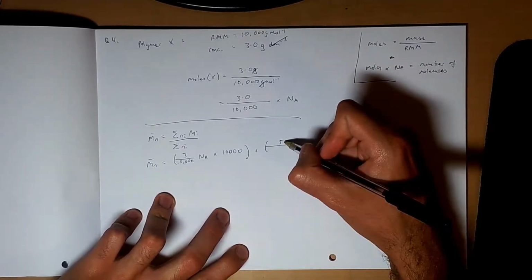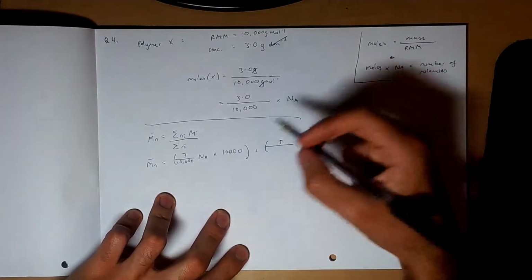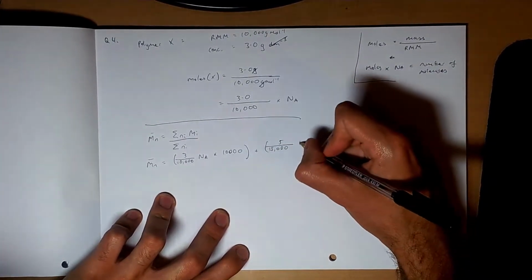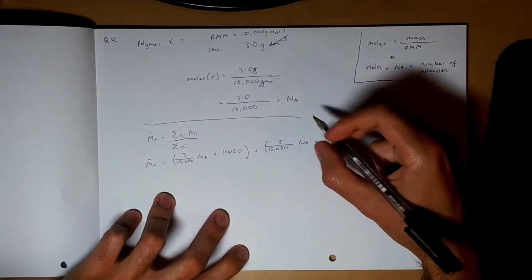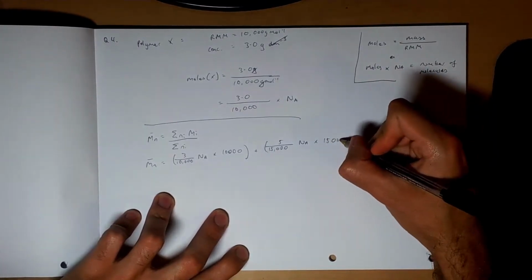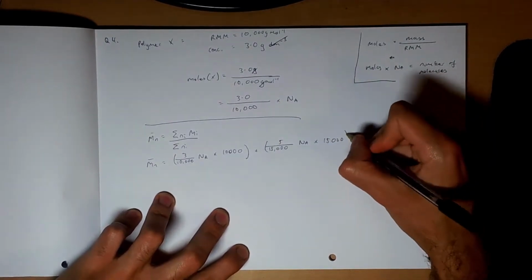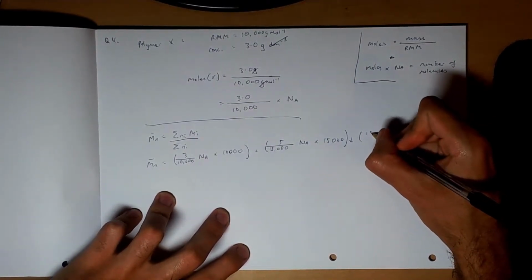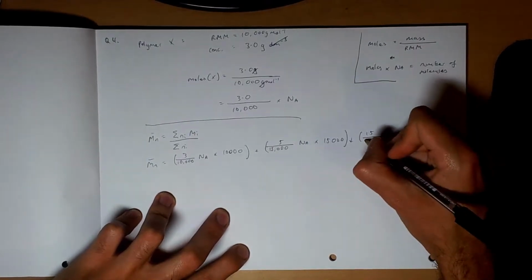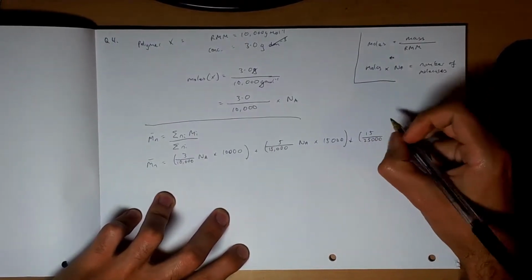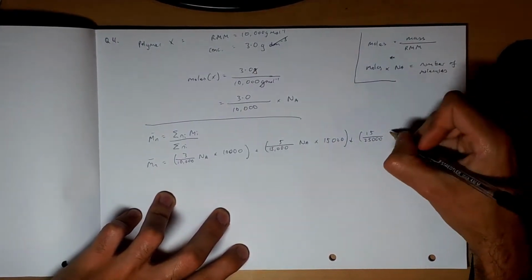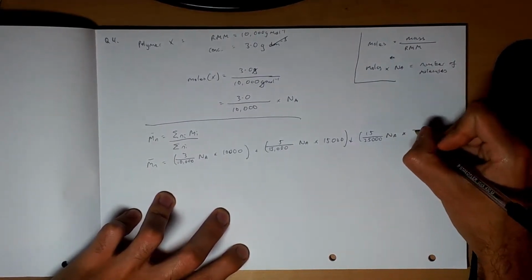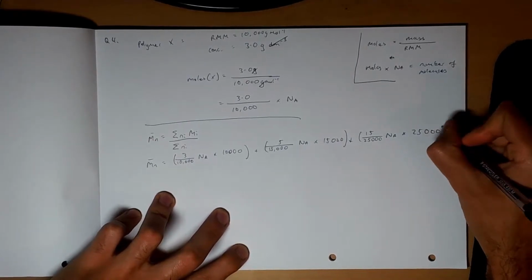This is the mass of polymer Y we have over its RMM of 15,000 times Na, multiplied by the RMM, 15,000, and then added to 15 over 25,000 Na for polymer Z, multiplied by 25,000.